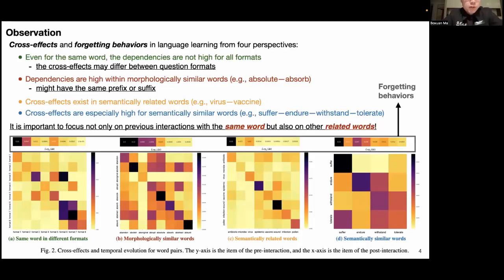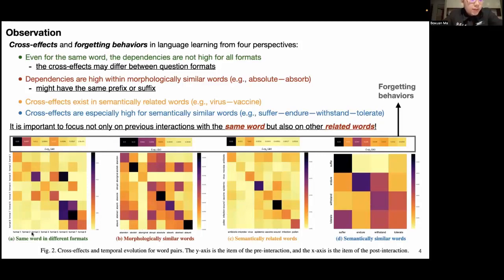This page shows the results of our experiments. First, we can see the learner's apparent forgetting behaviors for different situations. And then for cross effects in the same words with different formats, we found that even for the same words, the dependencies are not high for all formats.